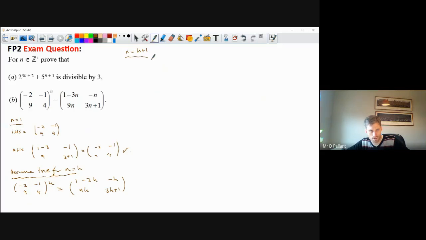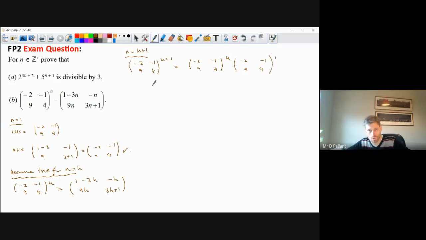Right, n equals k plus 1. So clearly we've got -2, 9, -1, 4 to the power of k plus 1. And that is equal to -2, -1, 9, 4 to the power of k, and then another -2, -1, 9, and 4, like so, because that's a power of 1, isn't it?